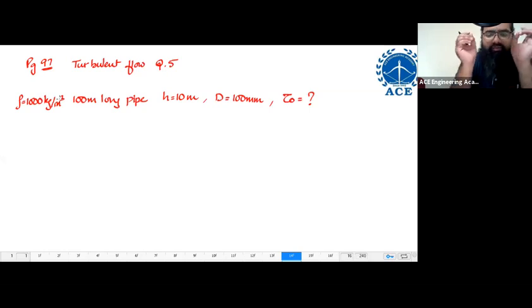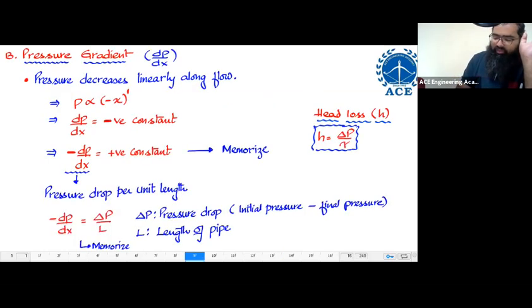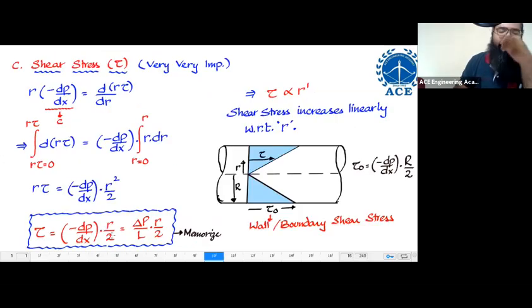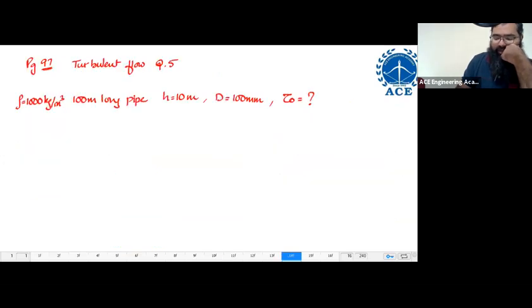We know some formulas. I'm going to show you the formula for wall shear stress. You take down the entire thing. Write this wall shear stress value: minus dp by dx multiplied by r by 2, that is delta p by l multiplied by r by 2. Write this thing. I hope you have written this.